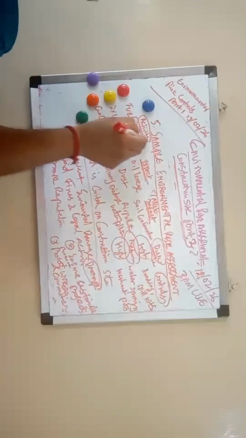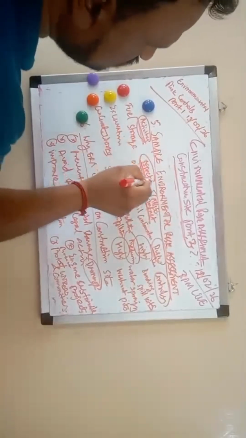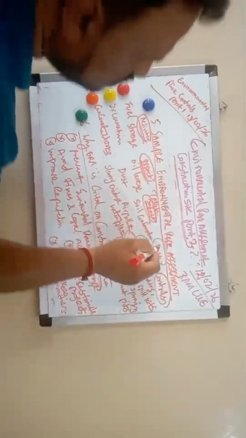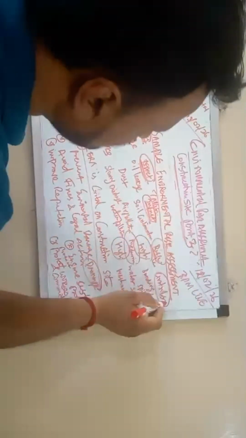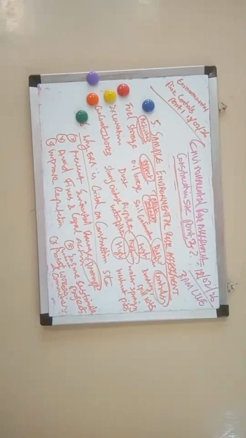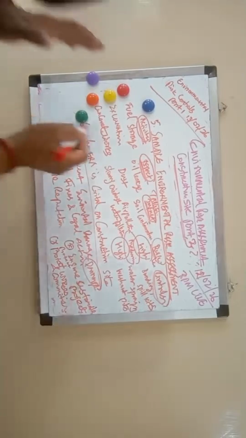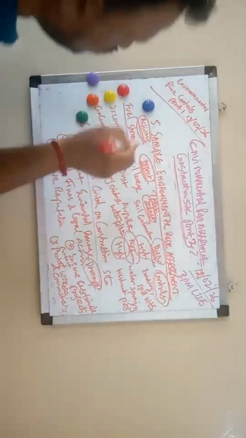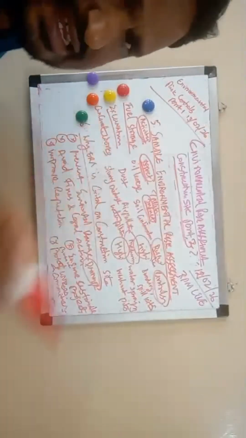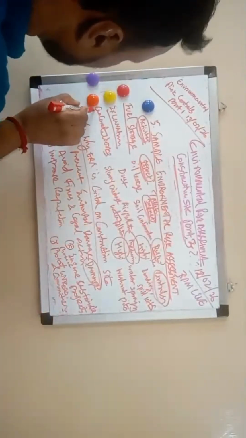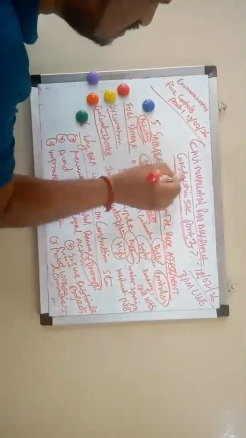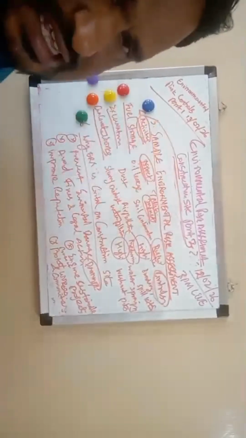So this is the table: activities, environmental aspect, environmental impact, risk level, and controls. Usually the activity is fuel storage, then excavation, then concrete works. So these are construction industry activities.